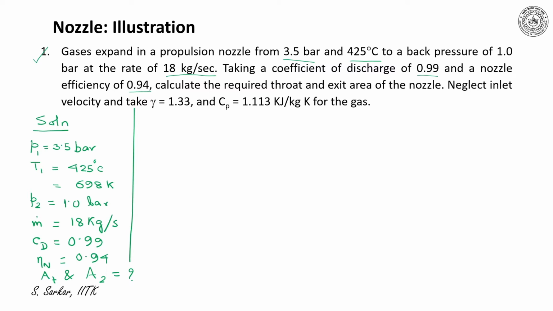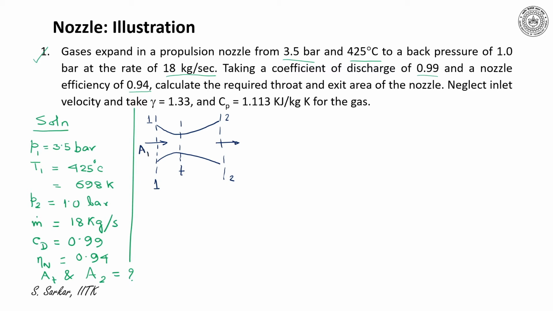Now let me draw a schematic of the nozzle that will help you to visualize. So this is our nozzle and this is inlet section 1, and this is the exit section 2. This is the throat T. So flow is entering at inlet, leaving at exit.